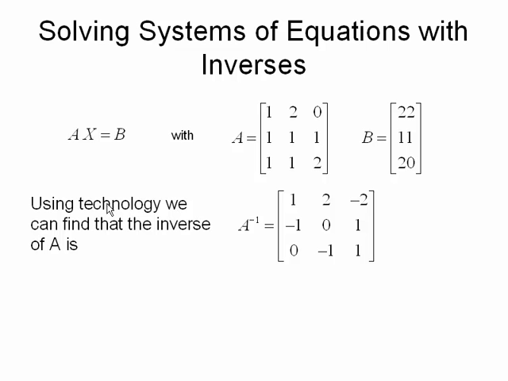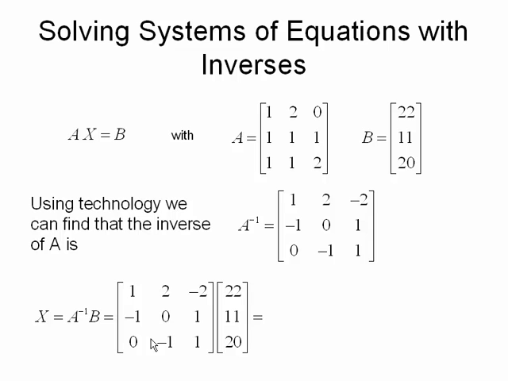Well, using our graphing calculator or by hand, we find that the inverse of A is the matrix with the first row being 1, 2, -2, second row -1, 0, 1, and in the third row 0, -1, 1. So in order for us to work out what the solution is for X, we need to take the inverse matrix that we just have shown above times B.